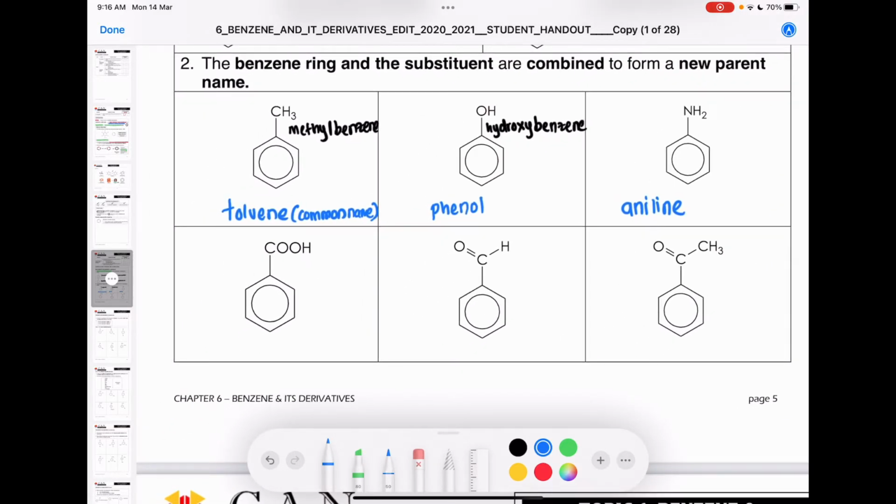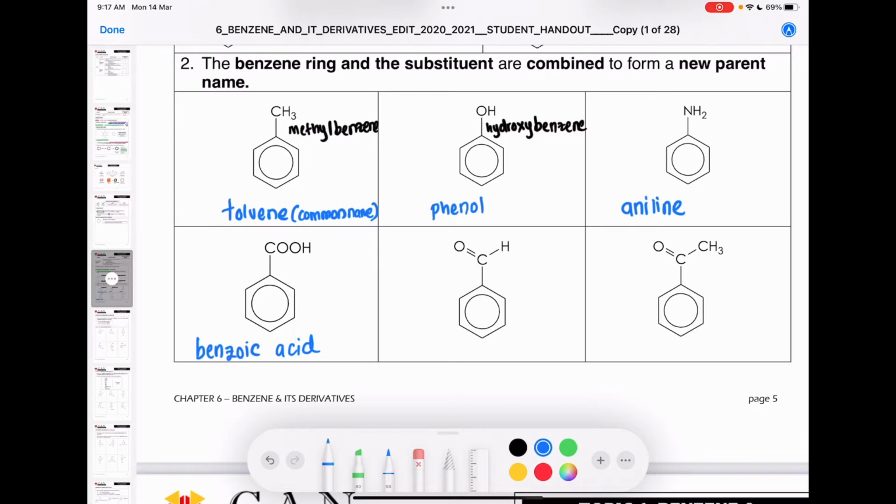How about COOH with benzene? For this one, the common name, or the new parent name, is benzoic acid. And then here we have an aldehyde. We have C double bond O, which is an aldehyde, and the benzene ring.